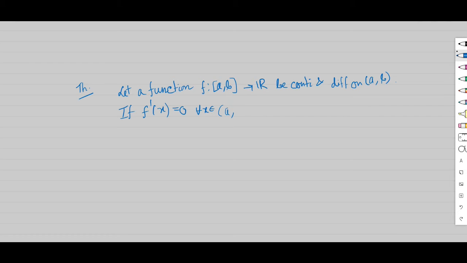because we have said that it is differentiable on the open interval (a, b), so we cannot take the endpoints a and b.